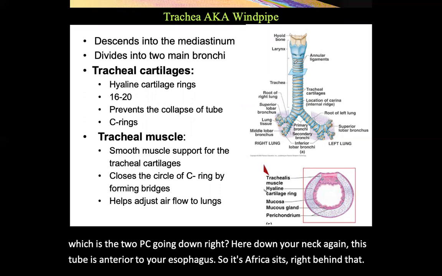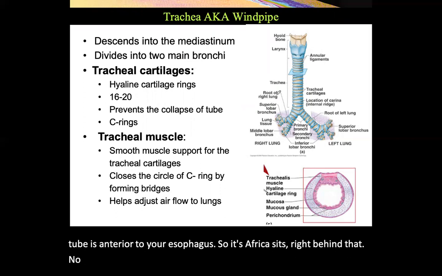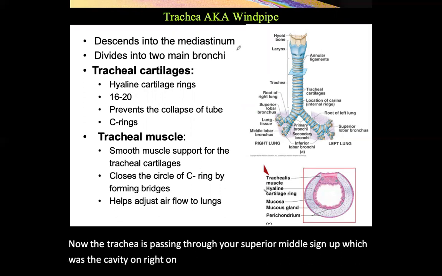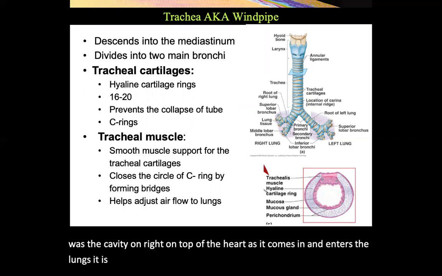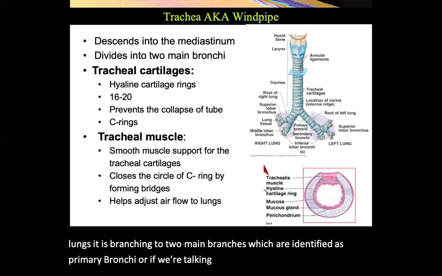Now, the trachea is passing through your superior mediastinum, which is the cavity right on top of the heart. As it enters the lungs, it branches into two main branches, which are identified as primary bronchi, or if you're talking about only one of them, it's called primary bronchus.